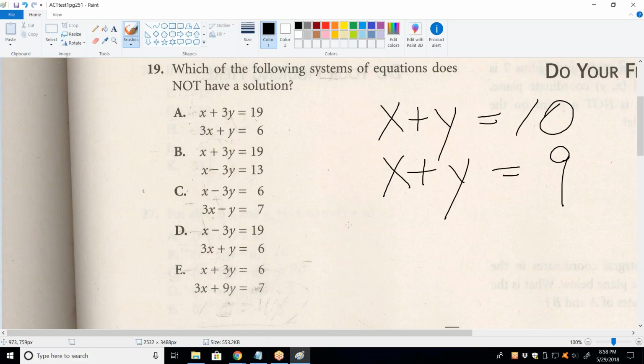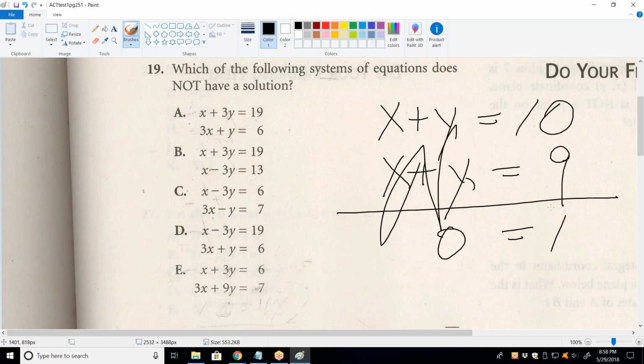No. If you solve it using elimination and I subtract, I get 0 equals 1. 0 can never be equal to anything but 0. Whenever you get a result where one number equals a different number, that means no solution.